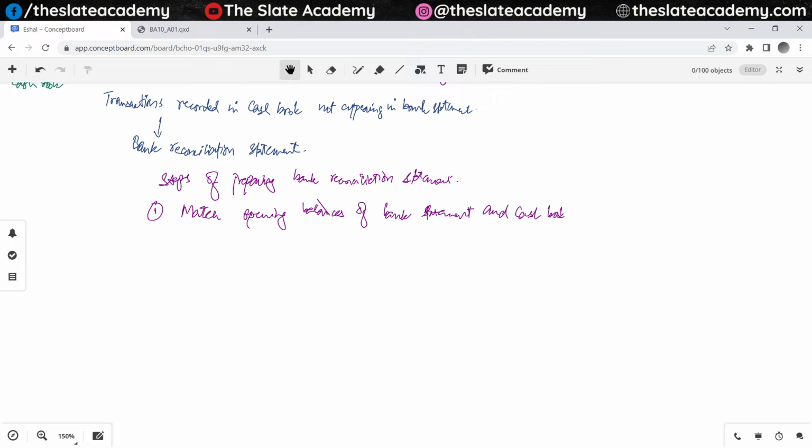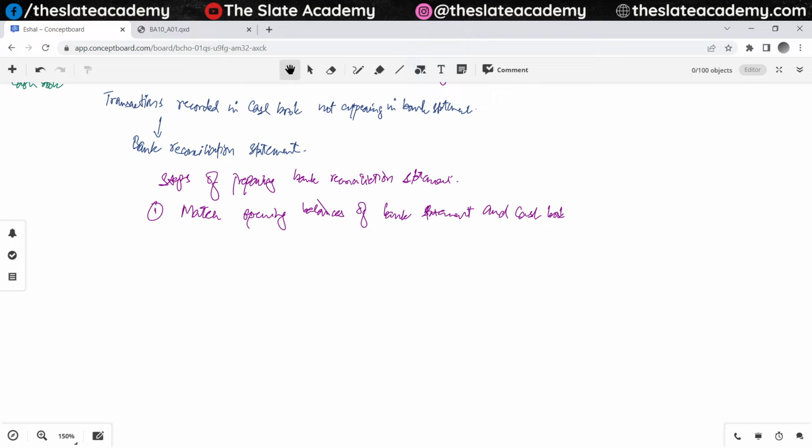Even if you have two bank accounts in Meezan and two in ABL, there would be two separate bank reconciliation statements for the two Meezan accounts and two separate for the other bank's accounts. So for each bank account there would be a separate bank reconciliation statement. That is something from the practical perspective. Again, this wouldn't be tested at your level. Just for your knowledge, it has to be prepared separately for each bank account.